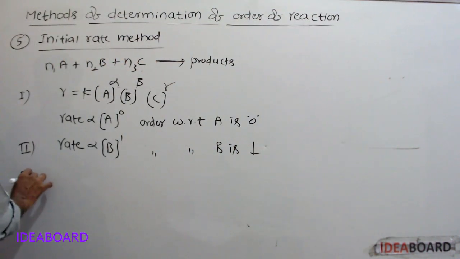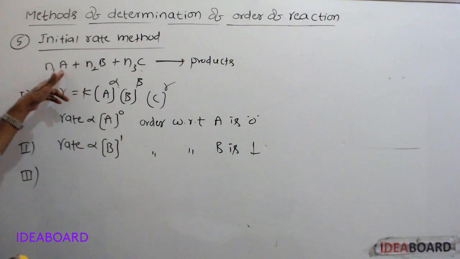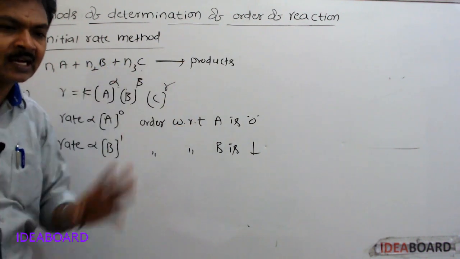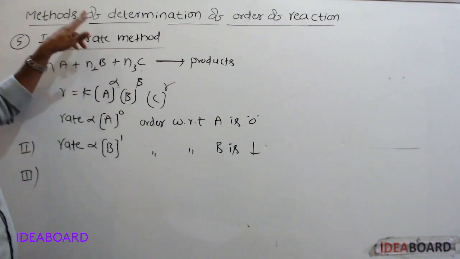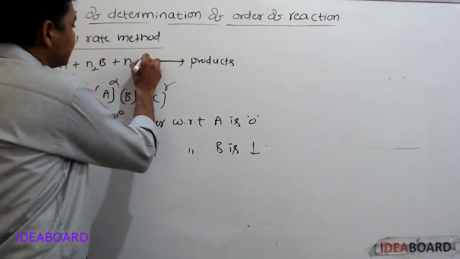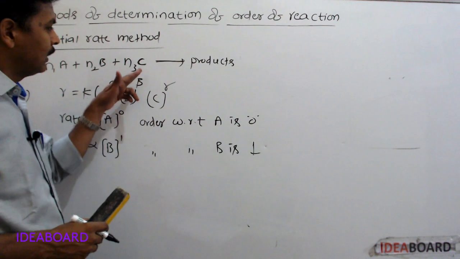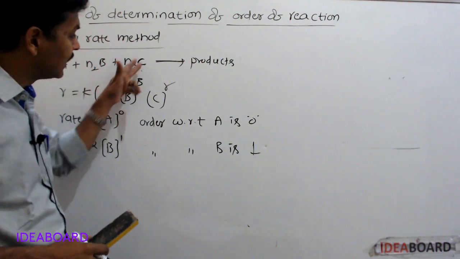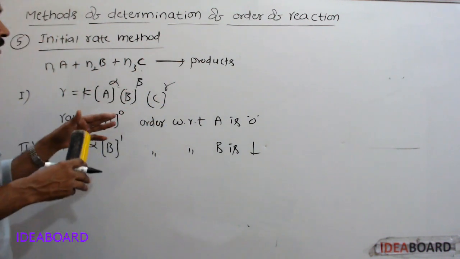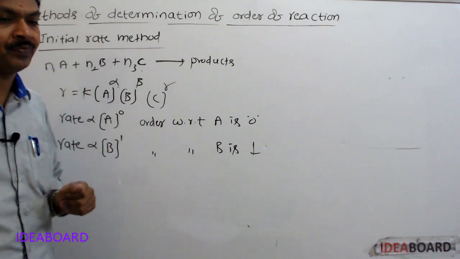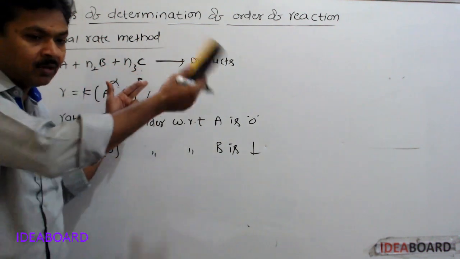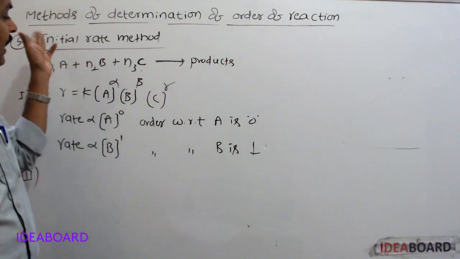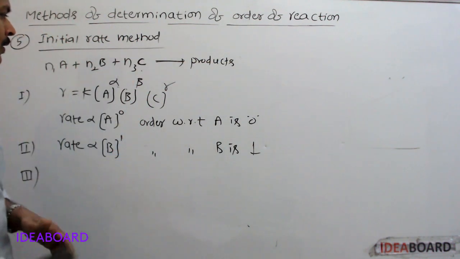Next, third experiment. By keeping A concentration and B concentration constant, if C concentration is doubled, then rate of reaction increases by 4 times. Just let us assume, if C concentration is doubled, rate of reaction increases by 4 times.